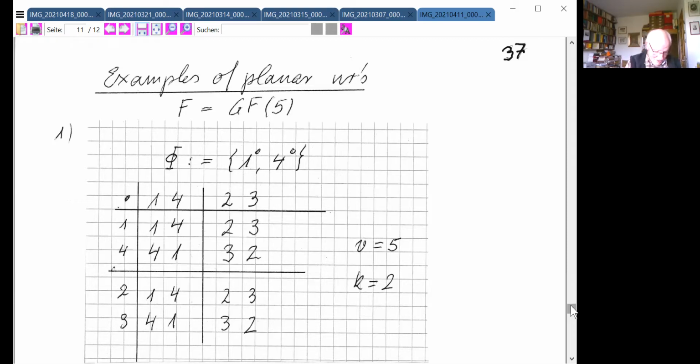These lines are repeated because the multiplication by, for instance, 4 and by 3 means that you apply the same element of phi on the element 1 or 4 and the same on 2 and 3. So you get this very nice multiplication table.